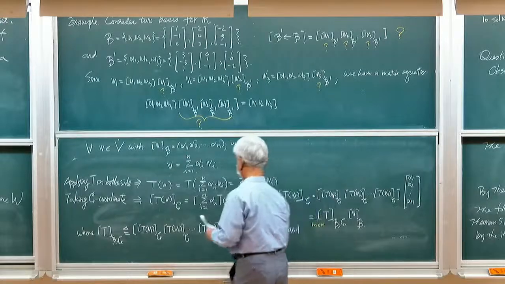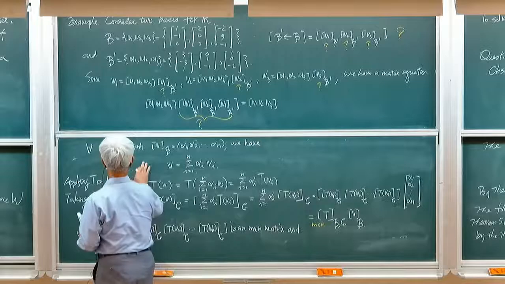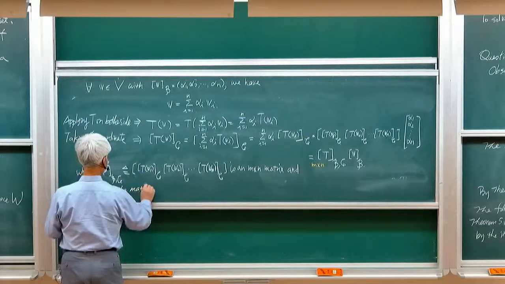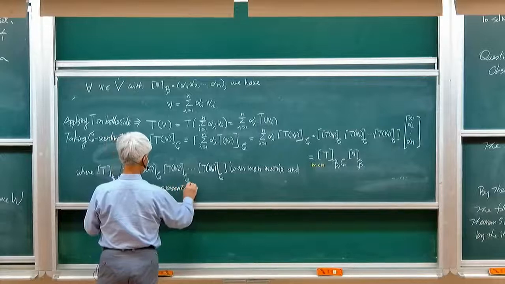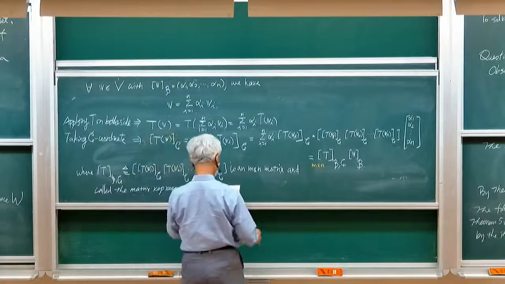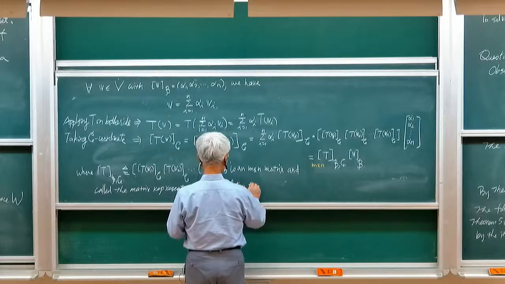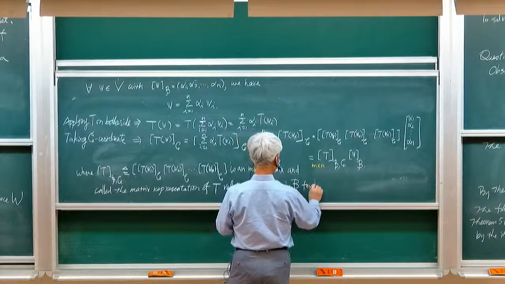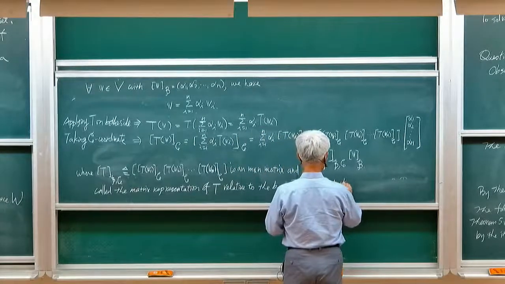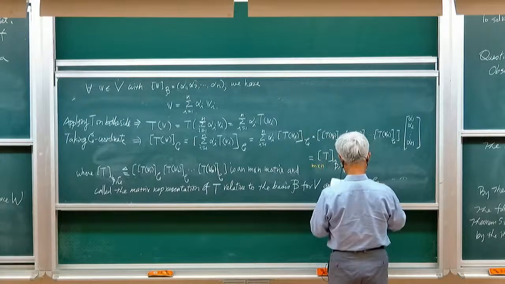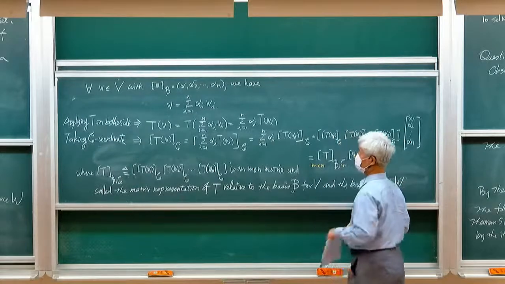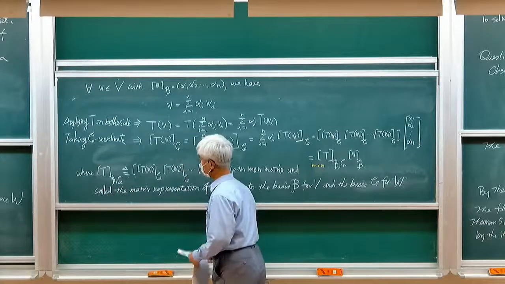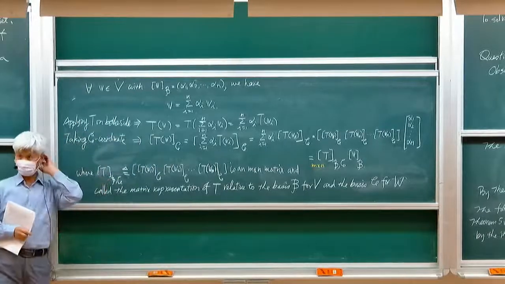And this is called the matrix representation of the linear transformation T relative to the basis B for the domain and the basis C for the codomain W. So that's why I put the B and C in the subscript here to indicate that the first one is the basis for the domain.